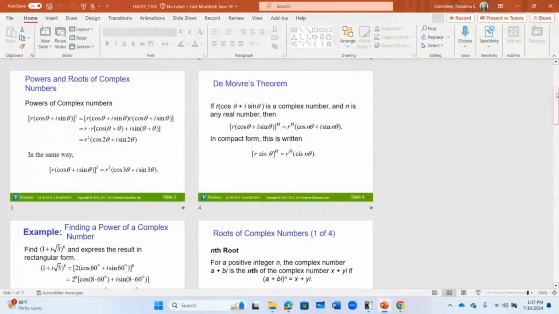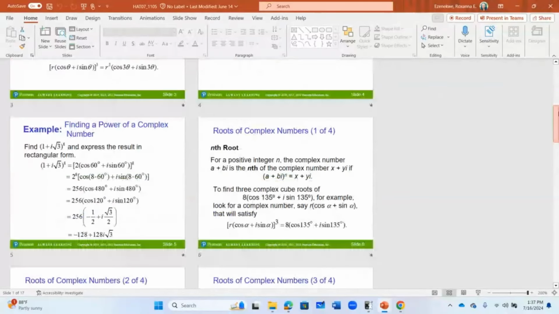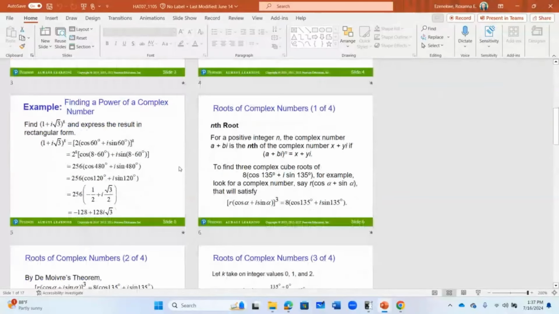Alternatively, you can use what we just did. So 1 plus i root 3 raised to power 8 is equal to, bring down the equation. Now raise R, the modulus, to the power, and then it's just like adding 8 times.